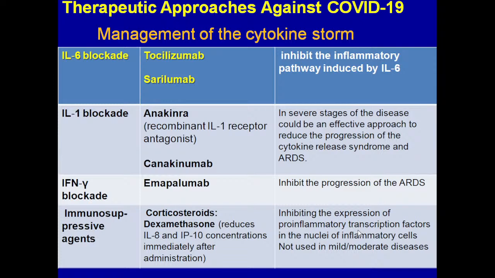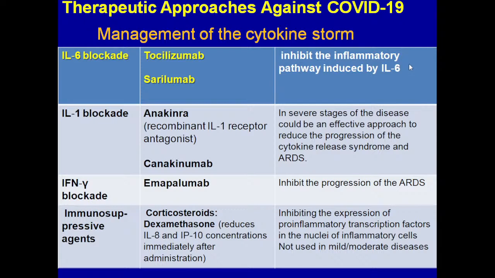Then we may manage the cytokine storm. The critical cytokines are interleukin 1 and interleukin 6. They are supposed to be blocked with specific antibodies against these interleukins.